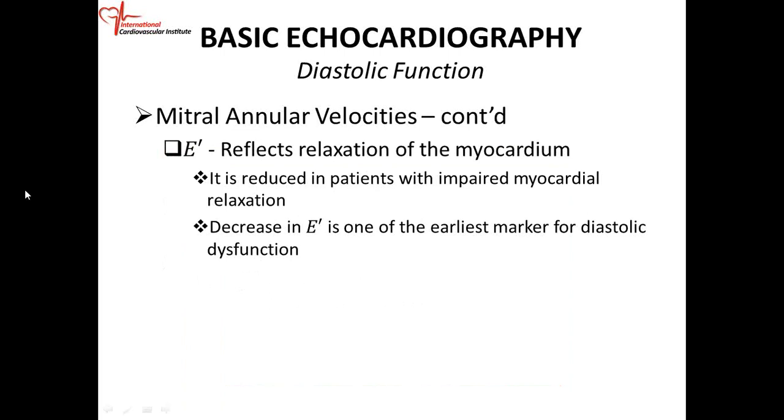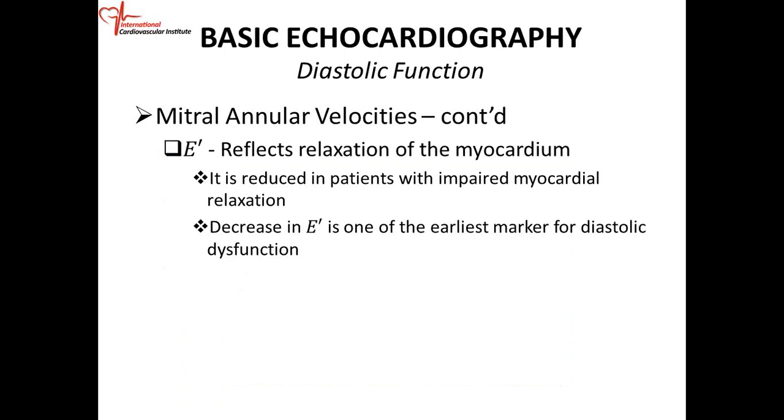A couple of things. E prime actually reflects relaxation of the myocardium. So E prime is very important. If there's muscle disease, your E prime is going to be affected, straight up. So muscle disease is going to be reflected in your E prime. E prime is reduced in patients with impaired myocardial relaxation.